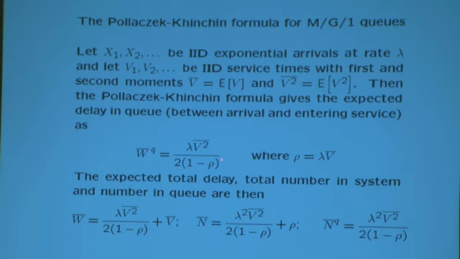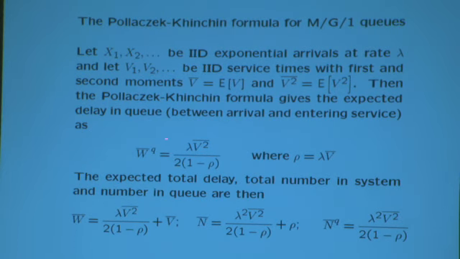It says that if the service factor, the duty factor, is less than 1, this quantity here is positive. But if the second moment of the service time is infinite, you're still going to spend an infinite amount of time waiting in the queue. And that's unfortunate. I mean, you might sort of expect this by now after talking about residual life and all of these things. But it still is unpleasant to see it.